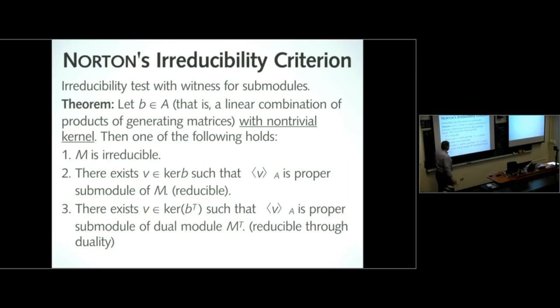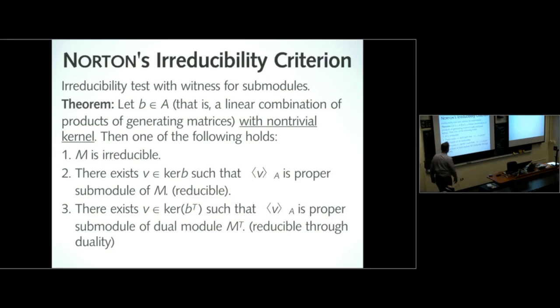And if you find that a vector in the null space of the transpose spans a proper submodule of the dual module, you take the null space and transpose, and then you get generically a proper subspace here. So, this is really just the dual module. So, why is this a useful criterion?